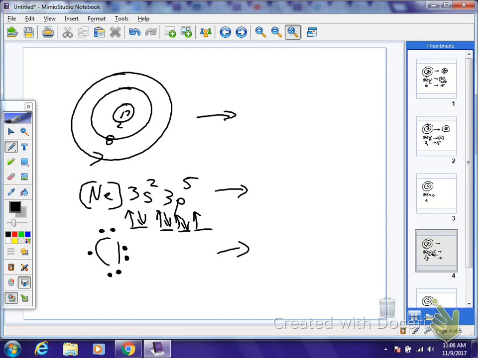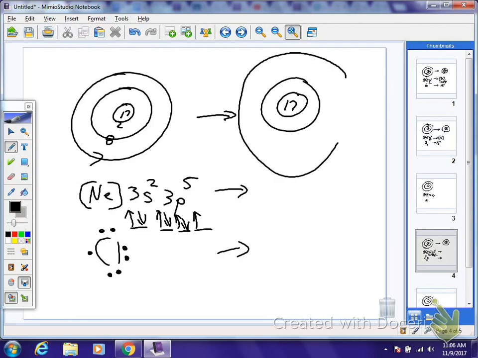But we are kind of finishing that level because the most you can have in the outer level at any time is 8, right? So in a way, we are finishing that level off. So we gain 1, right? So it has 17, and then it has the layers, and that layer is a little bit bigger because we've added an extra electron out here, without adding a proton in the middle.